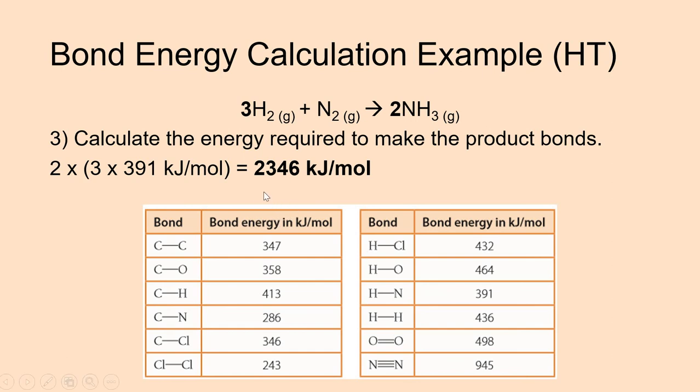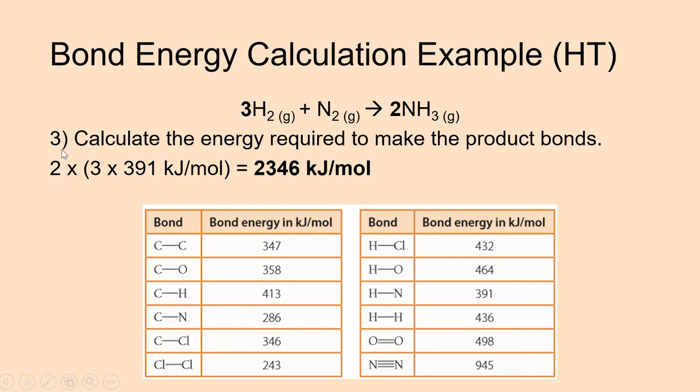Okay, step 3. So we needed to calculate the energy required to make the product bonds. So in our product, we have 2 molecules of ammonia. In each of these molecules, we have 3 nitrogen to hydrogen bonds. So in total, we're going to have 6 nitrogen to hydrogen bonds.